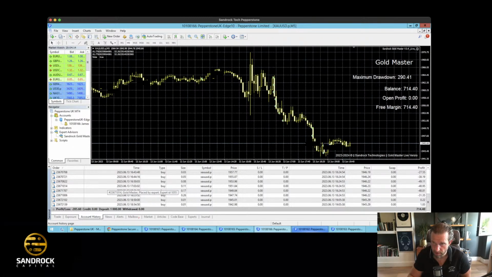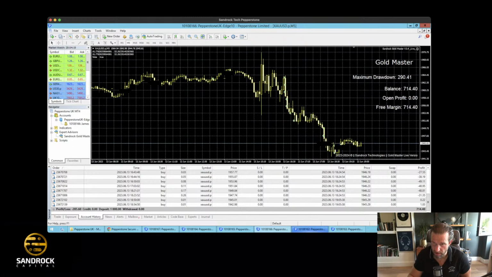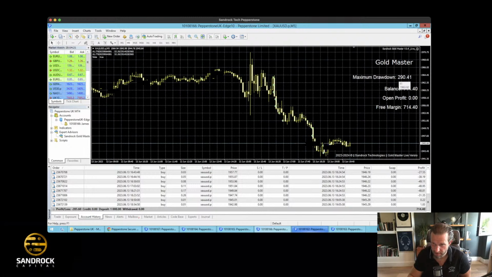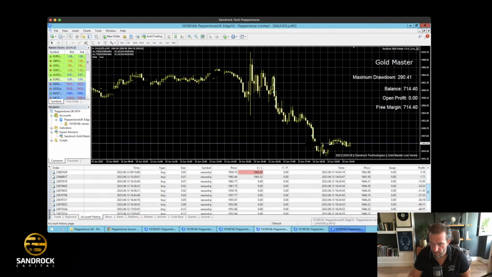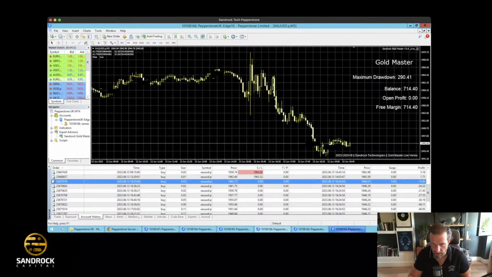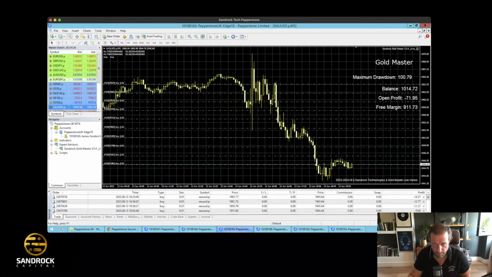Now, my drawdown is, look, £290. So that is what has caused my equity protector to action and close out the trades it was in. Now, it didn't happen with this one. And they're exactly the same bots, exactly the same money, exactly the same risk. Oh no, these are 0.01.